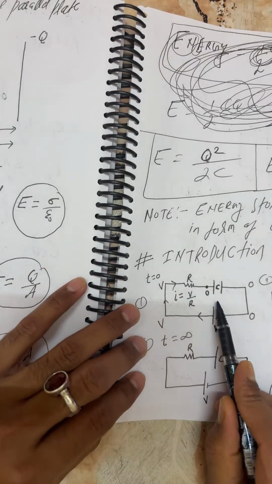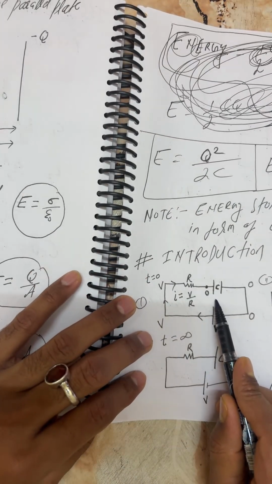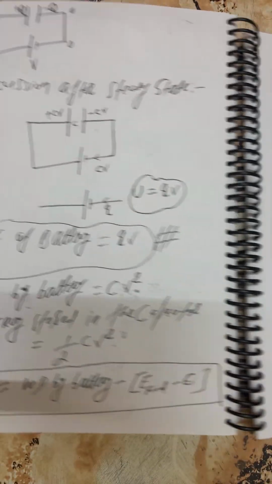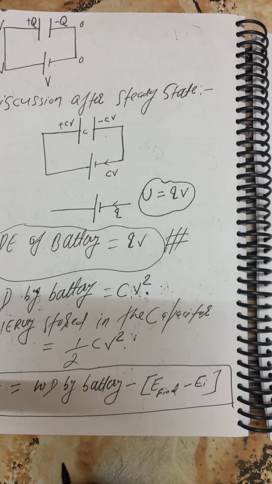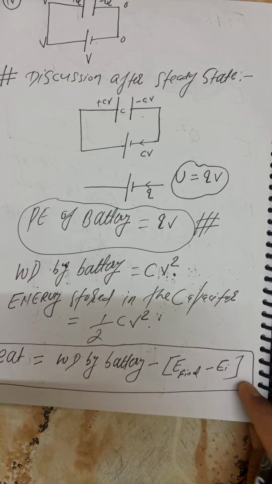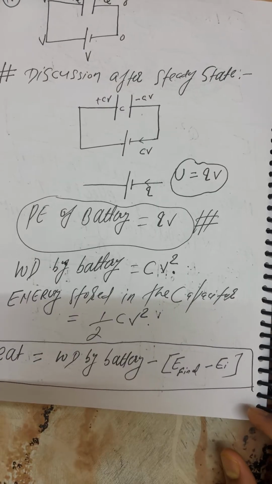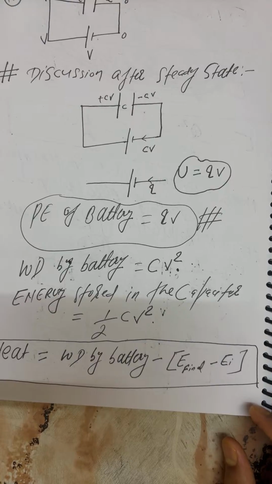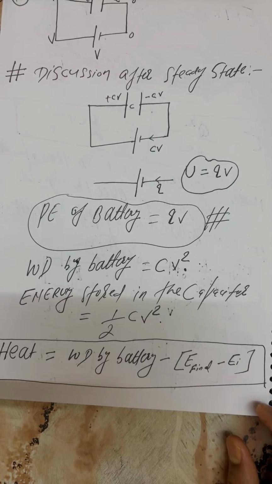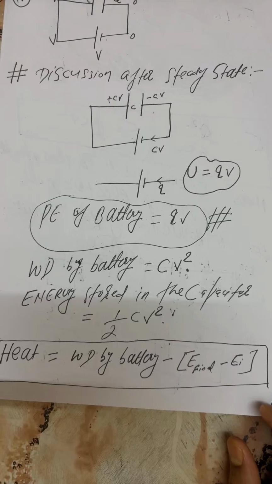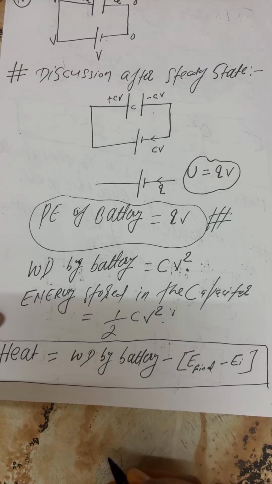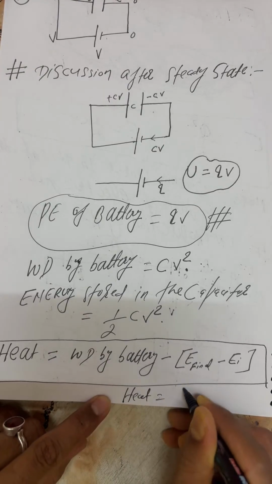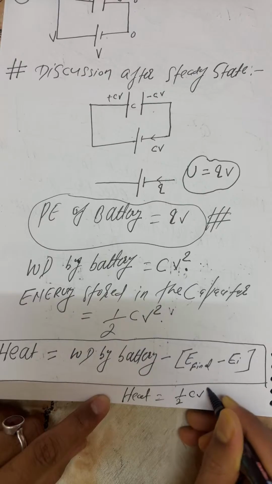Initially there is no charge, so the initial energy of the capacitor is zero only. So what is the value of heat you can write? Heat is equal to half CV square.